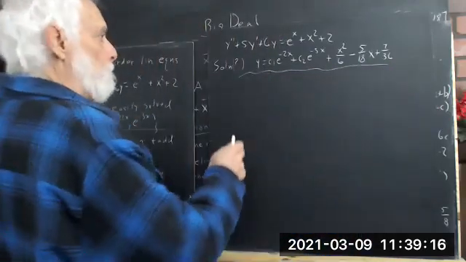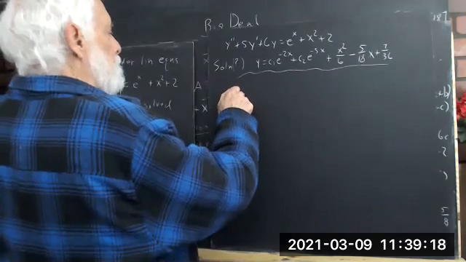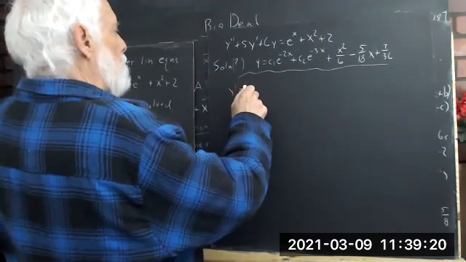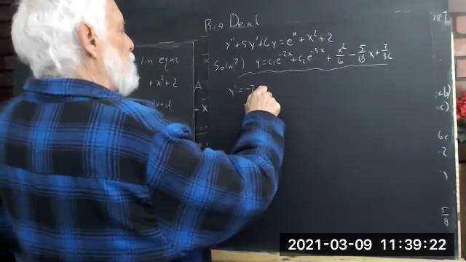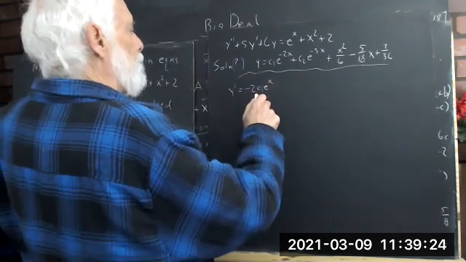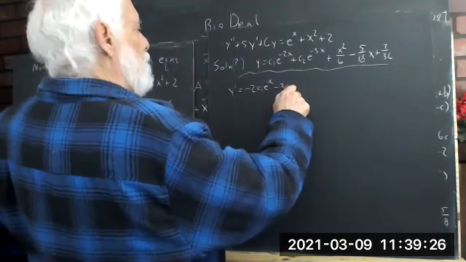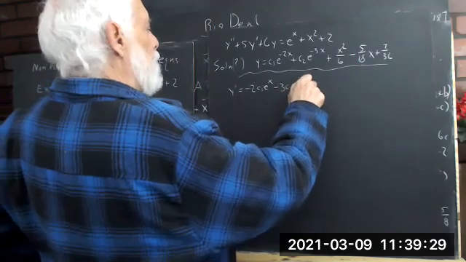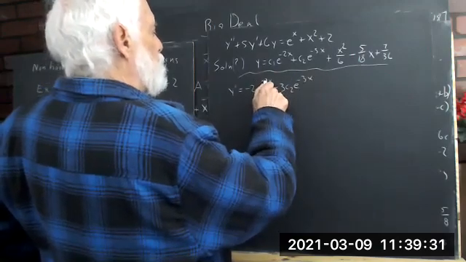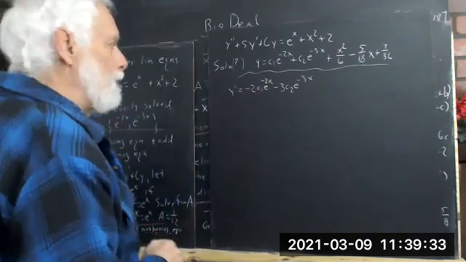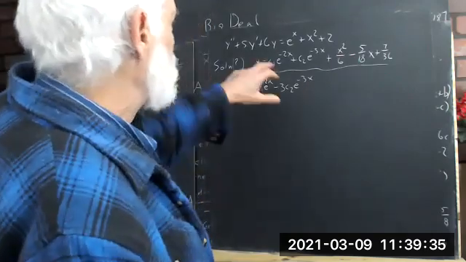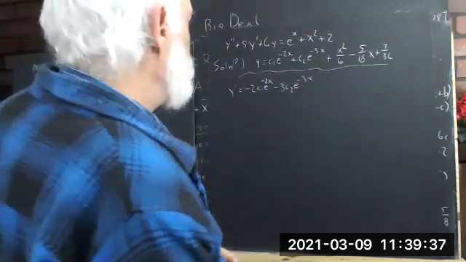Well, let's plug it in. Y prime would be -2 C1 e to the -2x minus 3 C2 e to the -3x, and it's e to the -2x, not e to the x. Okay, so these derivatives are straightforward.